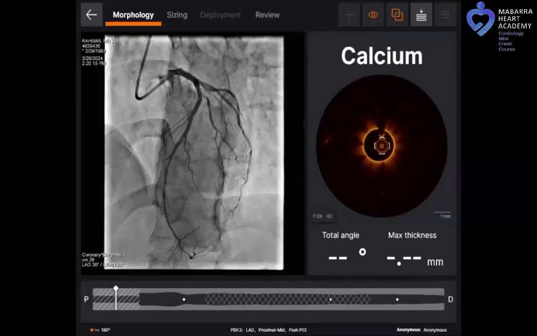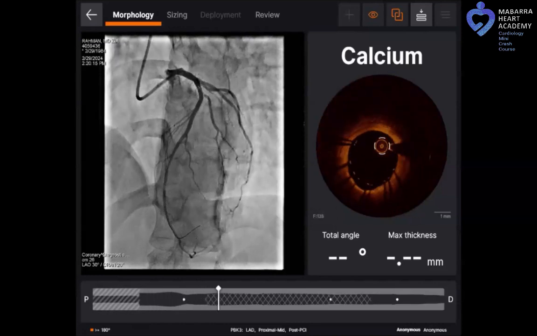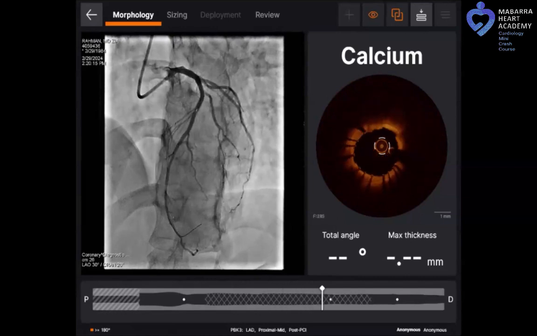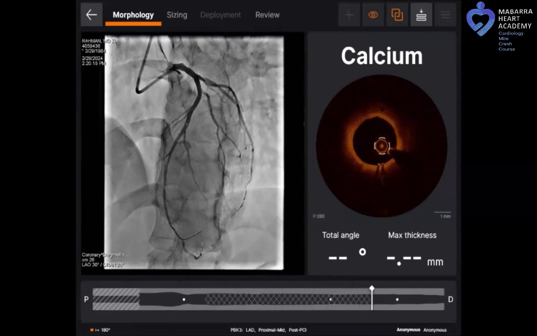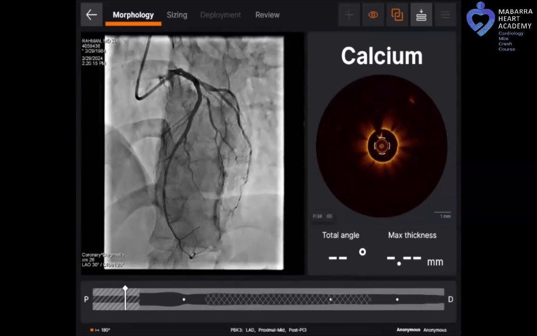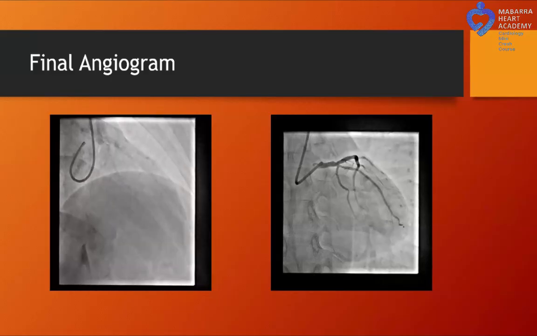And this was the final OCT run from proximal to distal. You can see that there was excellent expansion, good apposition, no proximal or distal dissections. And this was the final angiogram.